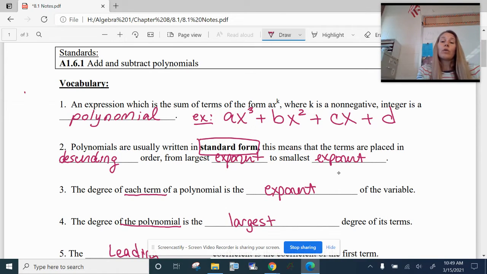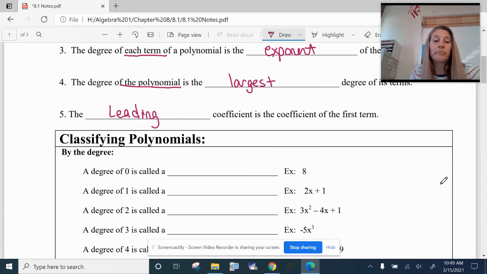So notice that the x terms are going in descending order. We have the largest exponent first, then we would go down in decreasing order: x squared, then followed by the x, then followed by the constant. Now, the numbers in front of these x's are the coefficients, and the lead coefficient would be the one in front of the x with the largest exponent.